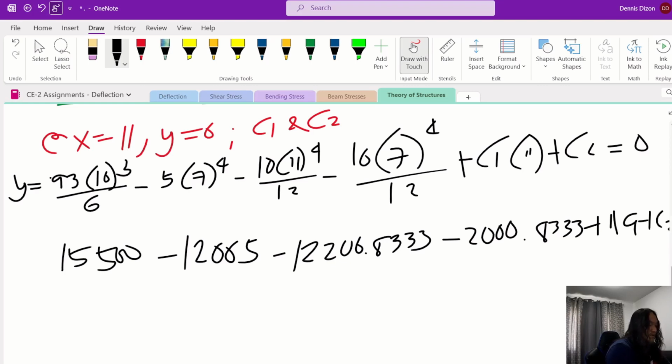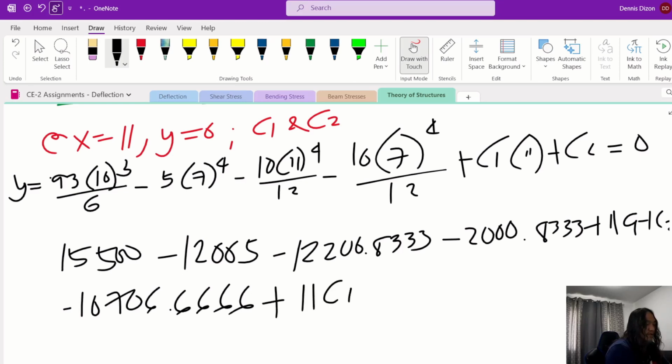So we will simplify this one. 15,500 minus 12,005 minus 12,200.8333 minus 2,000.8333. So that is 10,000. So this is minus 10,706.666 plus 11 C1 plus C2 is equal to 0.